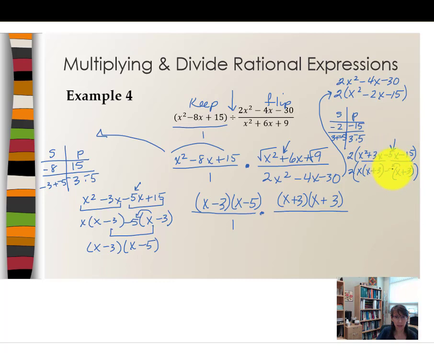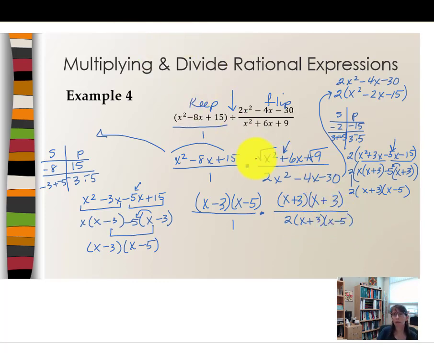We need minus 5. So our factoring becomes 2 times the quantity of x plus 3, and the other quantity comes from x joining with minus 5. So our denominator, 2 times quantity x plus 3 times quantity x minus 5.